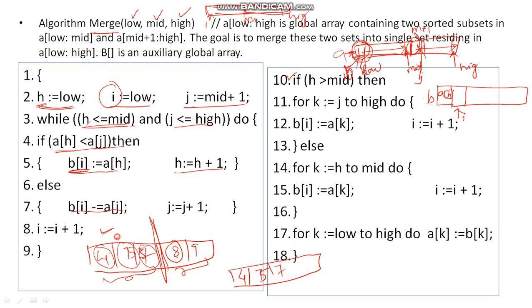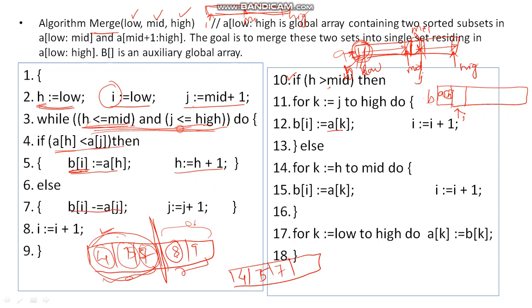And once you find that all the elements of one subarray have been taken into the final array, the remaining are the elements in the other subarray. So one condition out of these two conditions will be false. If this condition becomes false, that is, if H becomes greater than mid, it means go on taking all the elements from the second half.